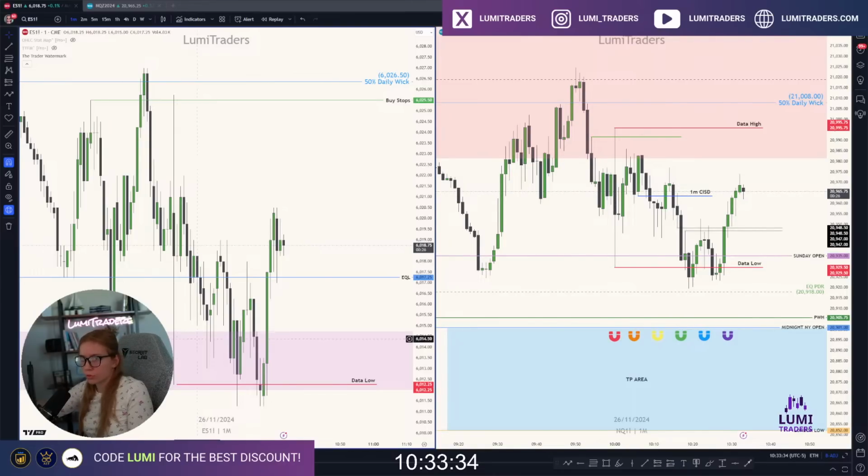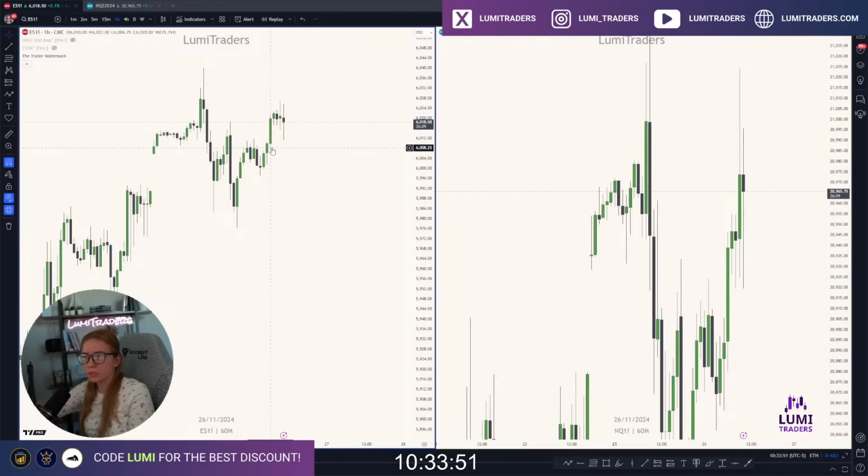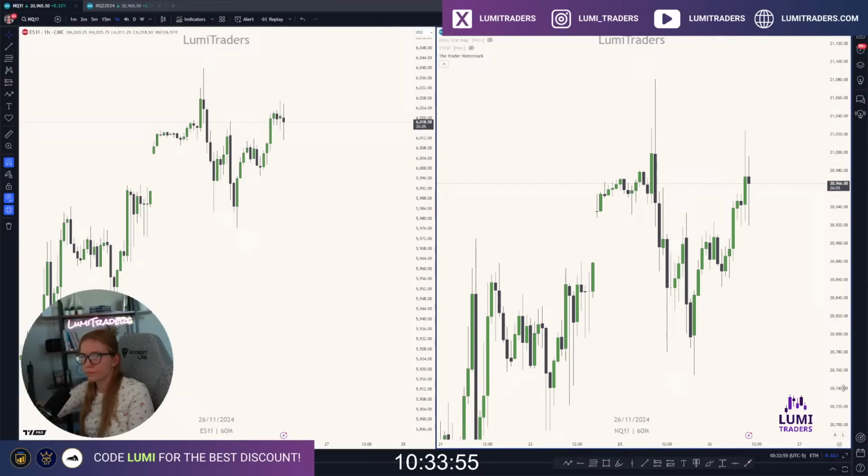But I don't like how it's trying to react from this 5-minute measuring gap right here on ES, and also this lines up with the 1 hour fair value gap. But by the way, yes, NQ also reacted from the 1 hour bullish fair value gap right here. And basically see these fair value gaps, another reaction. So we will see.